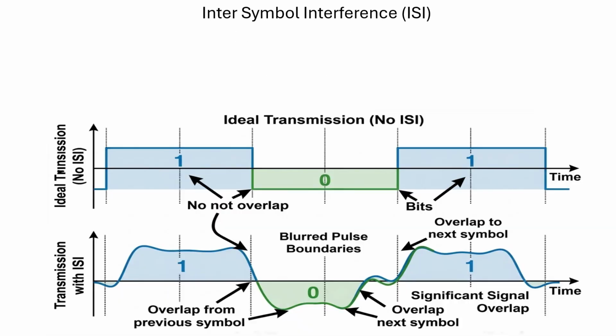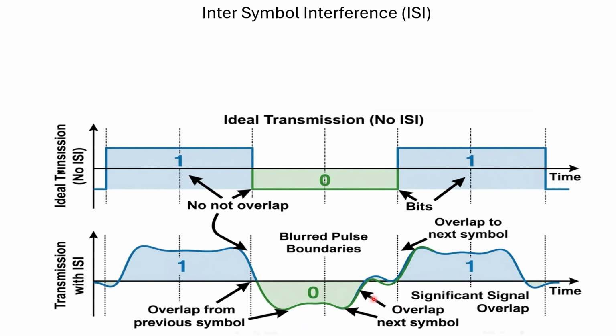Okay, now we'll talk about inter-symbol interference. We have already introduced it here. Suppose we want to send some information 1 and 0 and then again 1. This is the very ideal case scenario, but if you see here, instead of 1, sometimes it's going to 0, and here it continues to pass the 1.